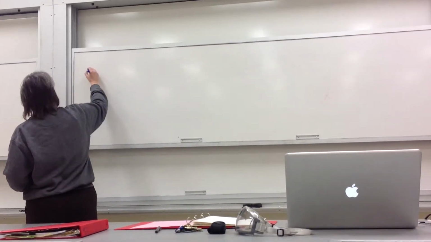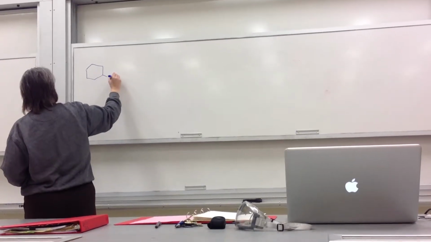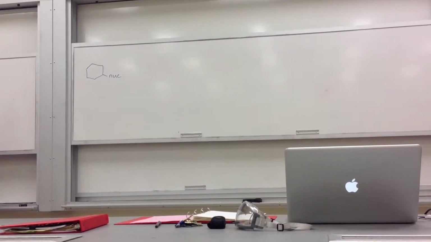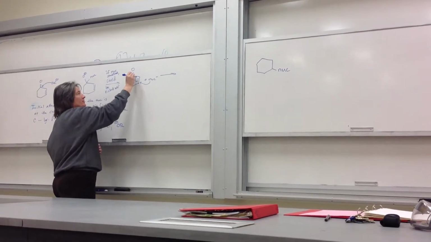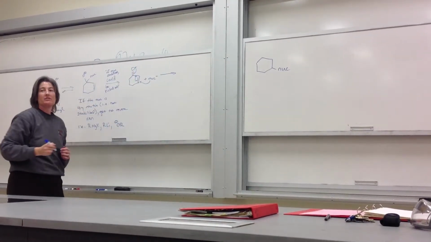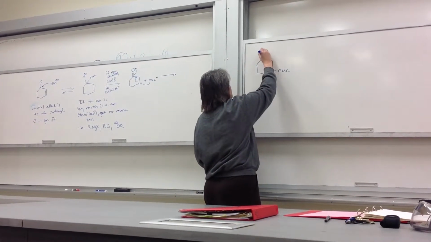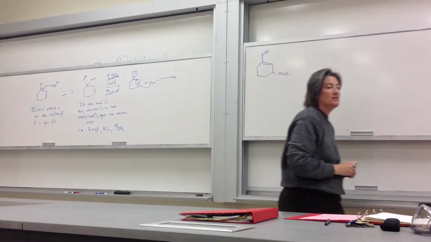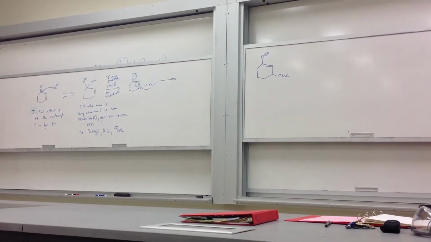You are going to end up with this. Your nucleophile here, if it attacks the beta carbon, it pushes the pi electrons up, pushes the electrons up onto the oxygen. So you'll end up with this. So that's just attacking the other place.